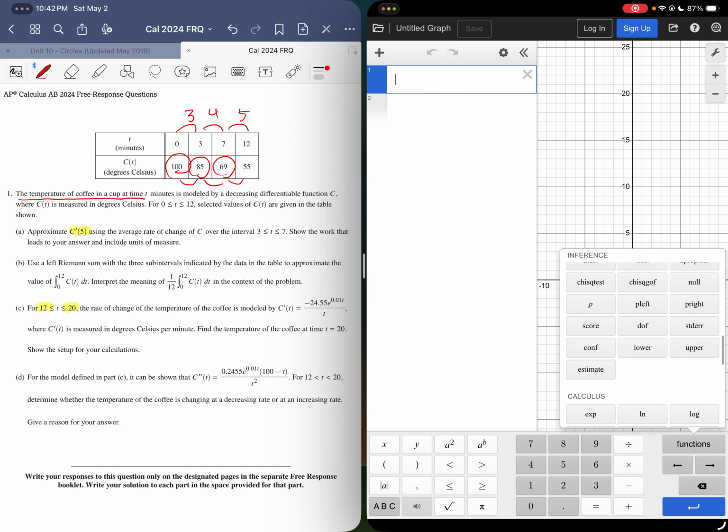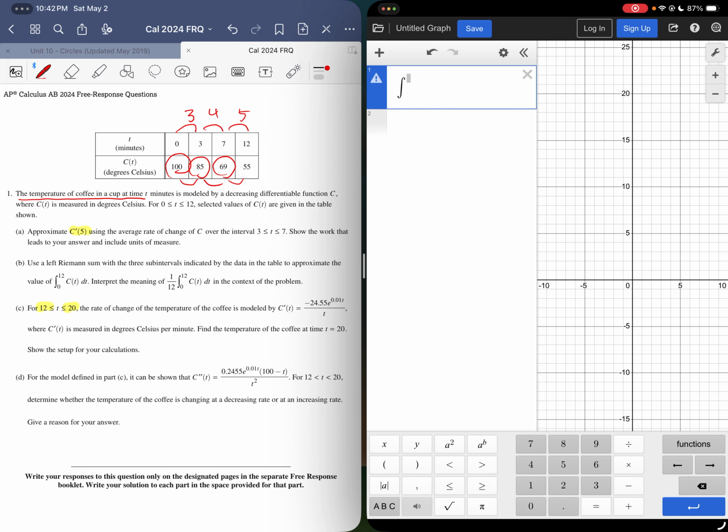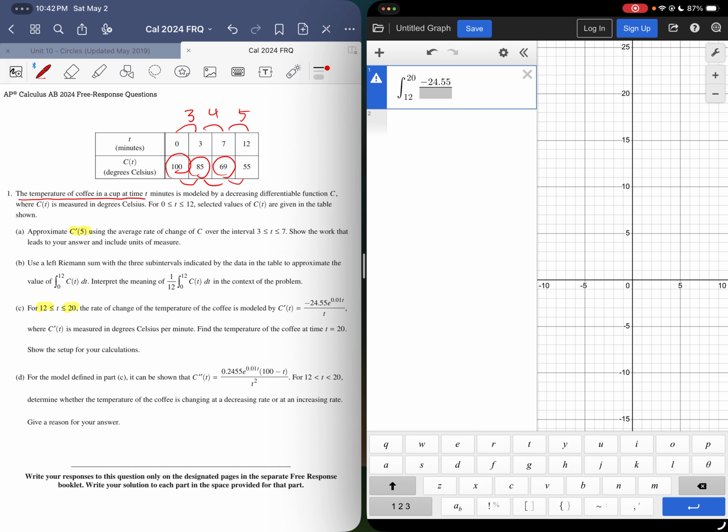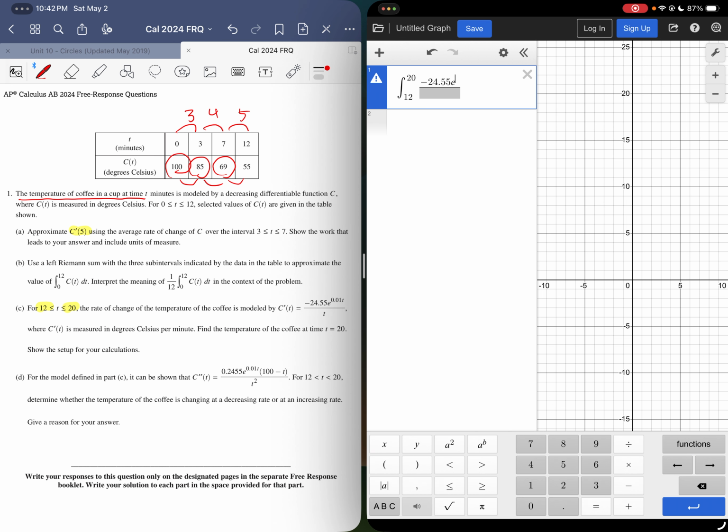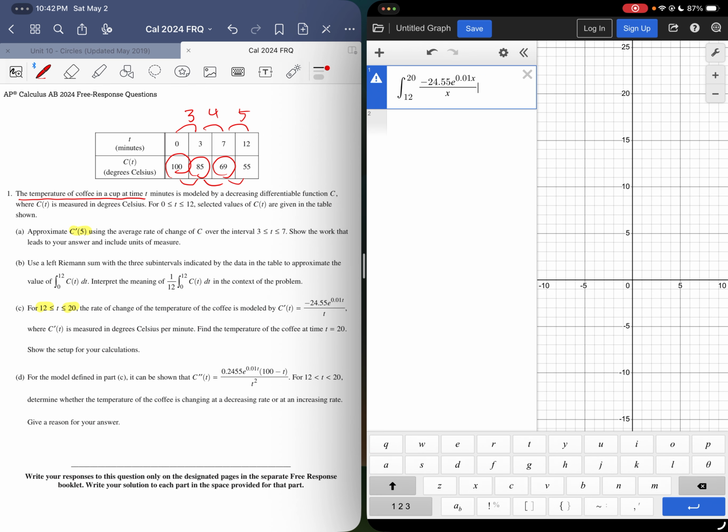Function, I will go to the antiderivative of, what is it? 12 to 20. Now, let me tell you something. Divide negative 24.55 e to the 0.01x over x dx.